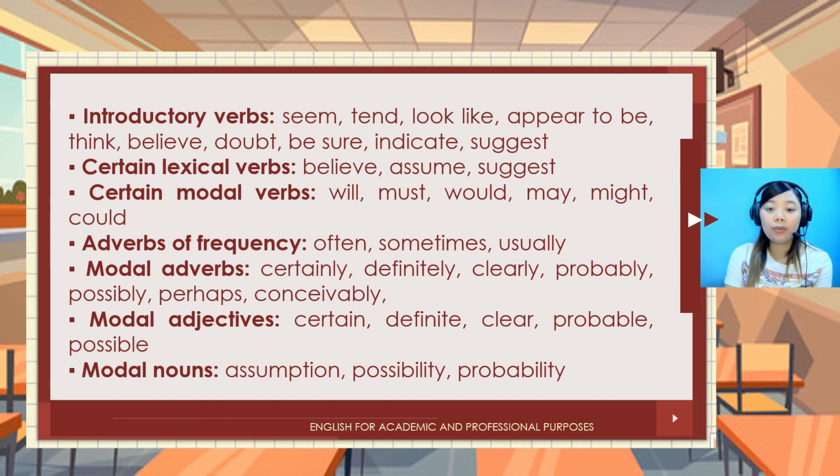Certain modal verbs such as will, must, would, may, might, and could. Adverbs of frequency we have often, sometimes, usually. Modal adverbs we have certainly, definitely, clearly, probably, possibly, perhaps, and conceivably. We have modal adjectives: certain, definite, clear, probable, possible. And we have modal nouns: assumption, possibility, and probability.